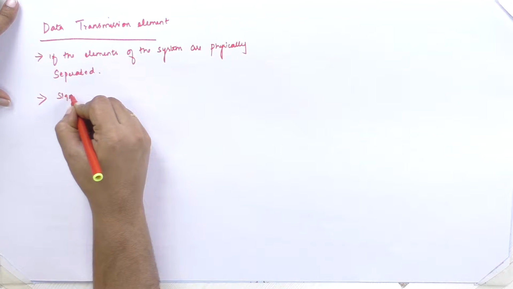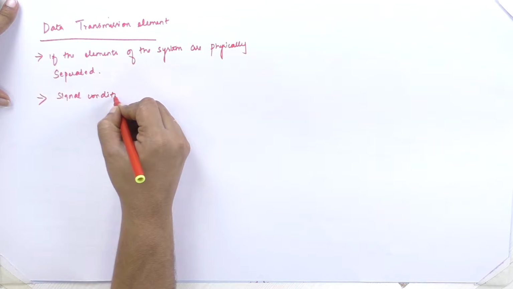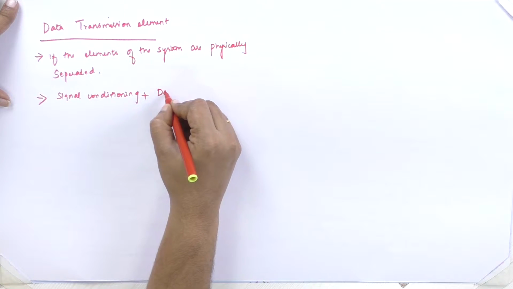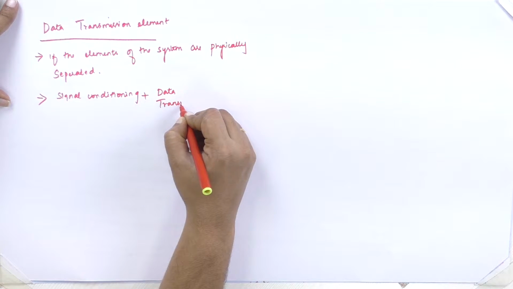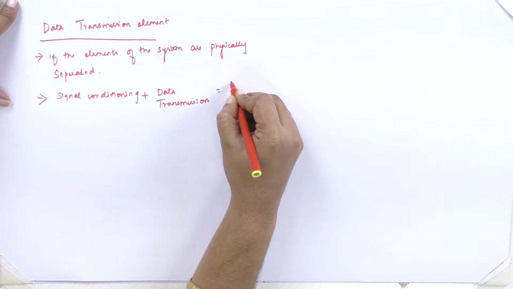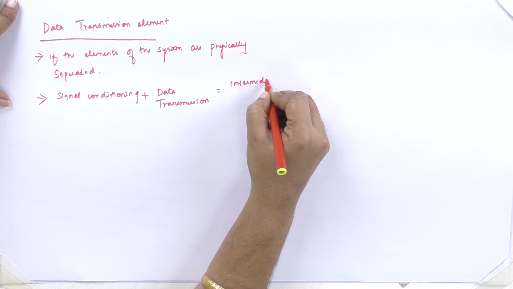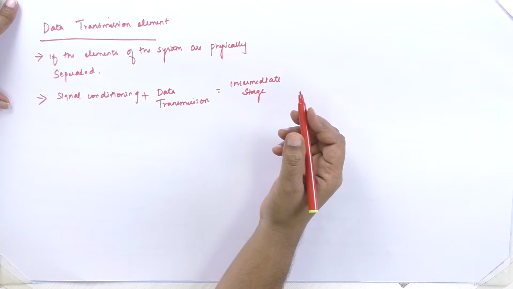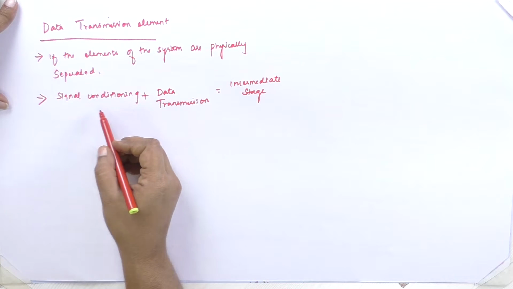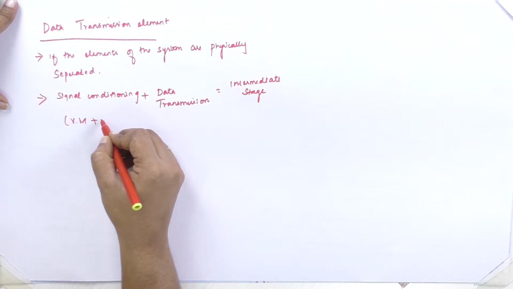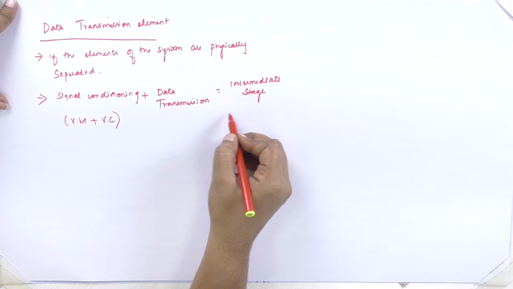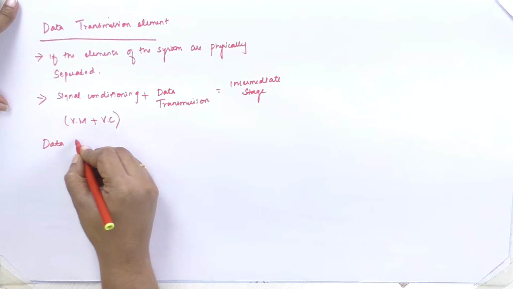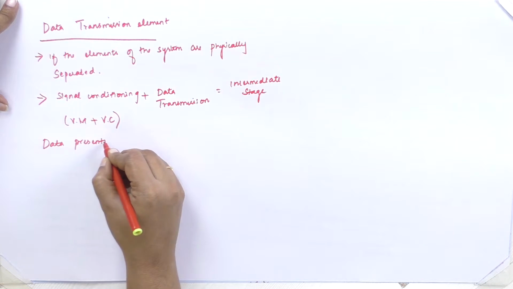The signal conditioning element, that is variable conversion plus variable manipulation, along with this data transmission is called the intermediate stage of measurement. The primary sensing element is called the transduction stage, that is the initial stage. The signal conditioning with variable manipulation and variable conversion elements along with the data transmission element acts as the intermediate stage of measurement. Next is the data presentation element.